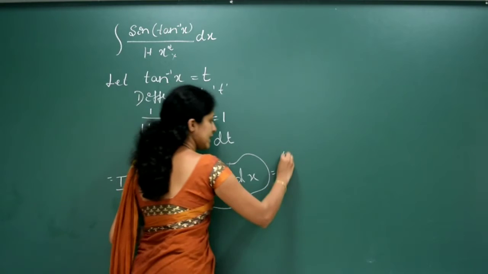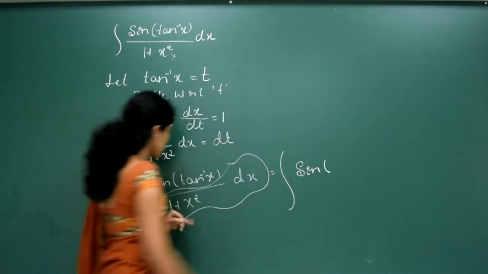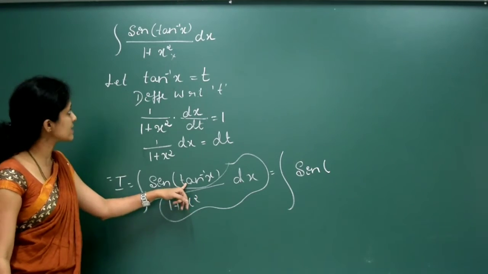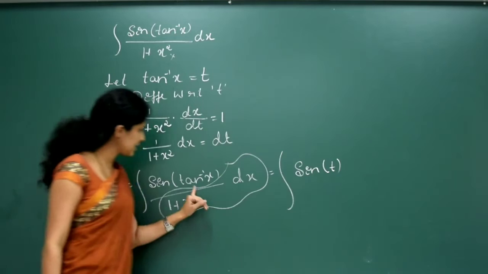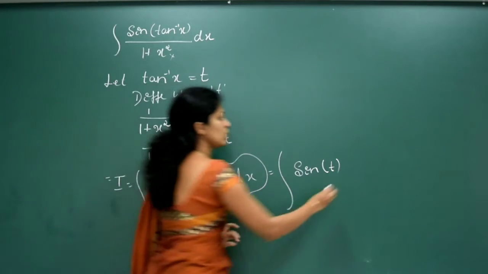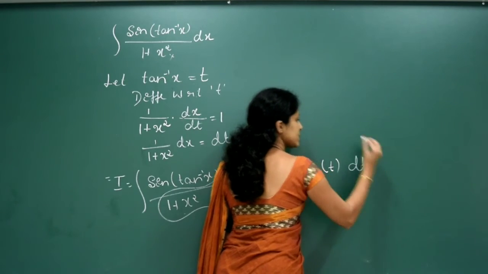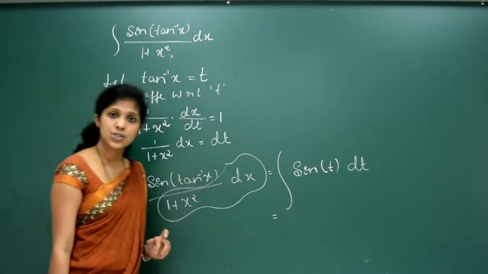So this is equal to the integration of sine t, since we have given the substitution tan inverse x as t, and dx by 1 plus x square is dt. Now it is in the simplest form, right? We can find the integral of this function.